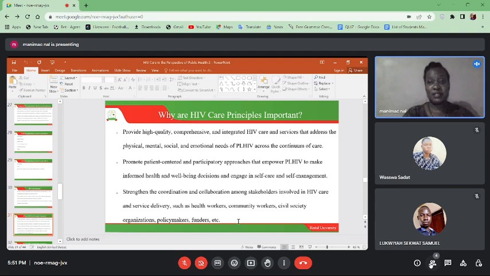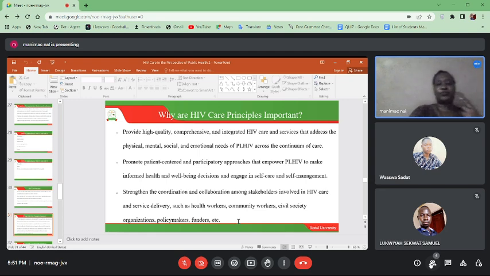So we need these principles such that even if a health worker is working on a positive person, they should make sure that services are well given to positive patients the way they are given to people who are negative.